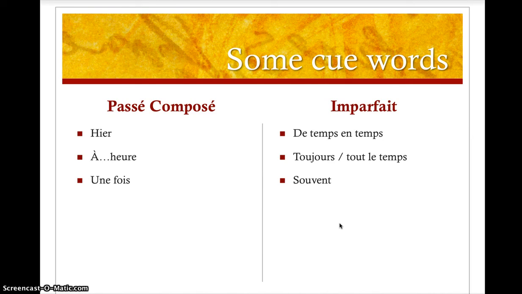De temps en temps can be used with the imparfait. From time to time, I would do this. De temps en temps, je visitais mes grands-parents en été. Toujours, tout le temps, all the time. Souvent, often. There are so many more cue words out there, and do think about that when you see these cue words or another word in the sentence. They're trying to give you a clue about what tense you would put it in.